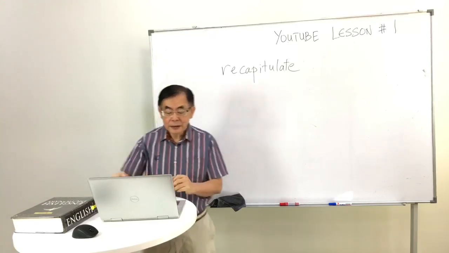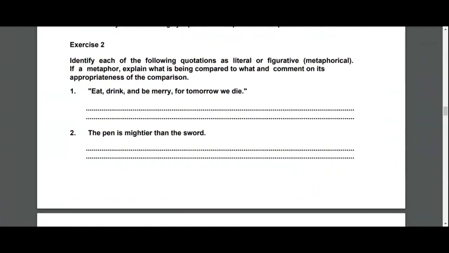Then in question 2 of exercise 2, we have this next metaphor. The pen is mightier than the sword. The pen is mightier than the sword. So what's the meaning of this metaphor? Can you explain?